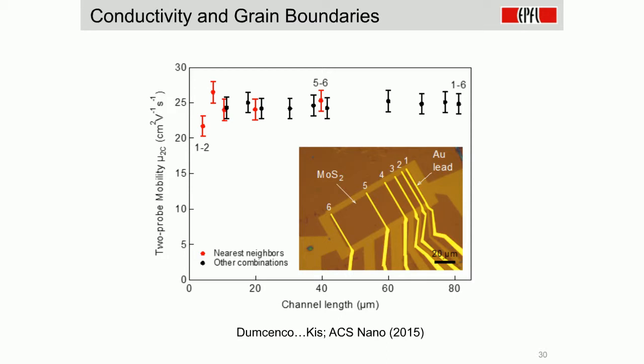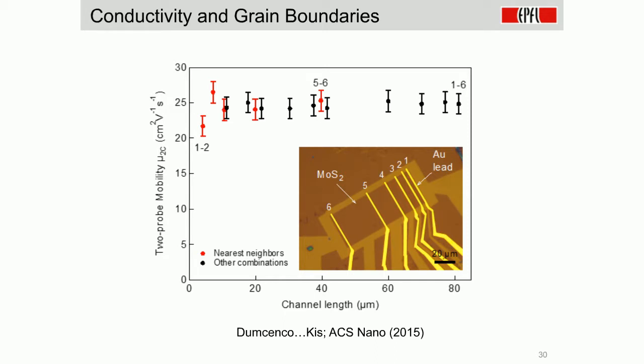If you look at the mobility, it doesn't decrease as you increase the channel length. It stays pretty much constant, which is another indicator that you don't have extra electrical resistance coming from scattering at grain boundaries. So that's as far as Kelvin probe microscopy goes.